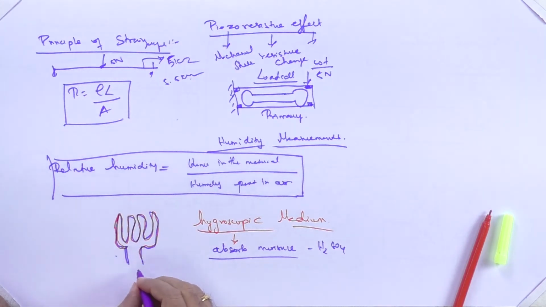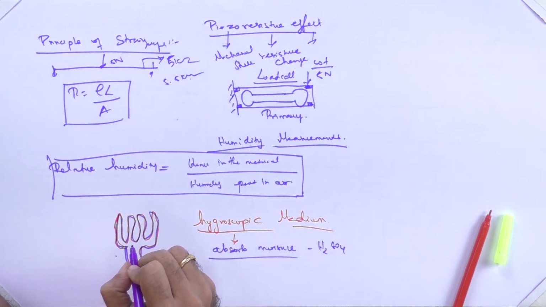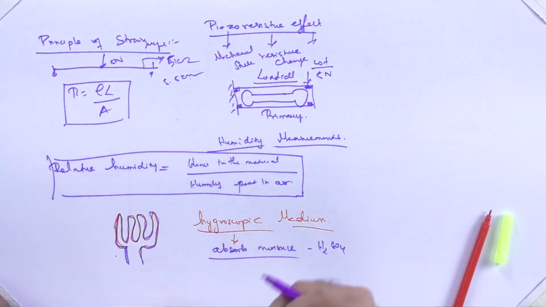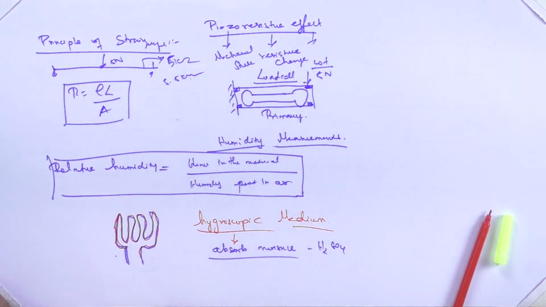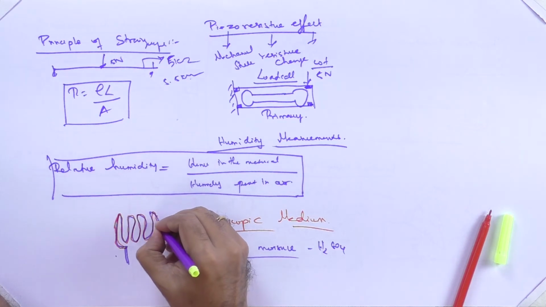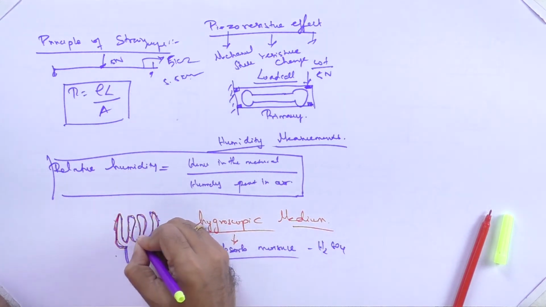This one which is coated with hygroscopic material is exposed to the environment where you need to measure the moisture, and the moisture gets stuck to all the places, changing its resistance.